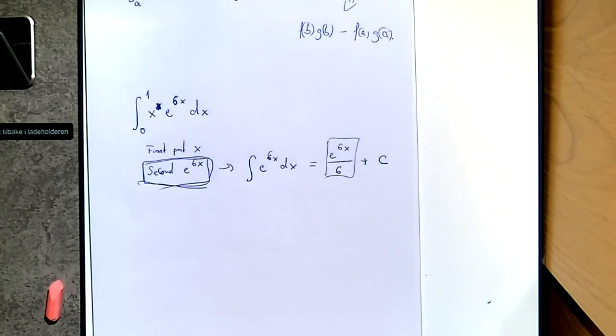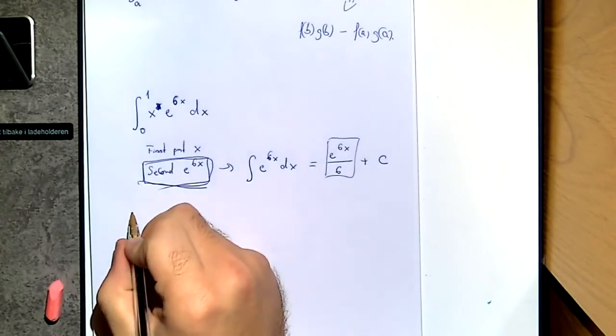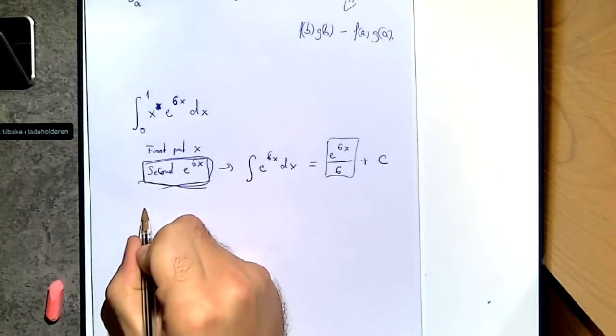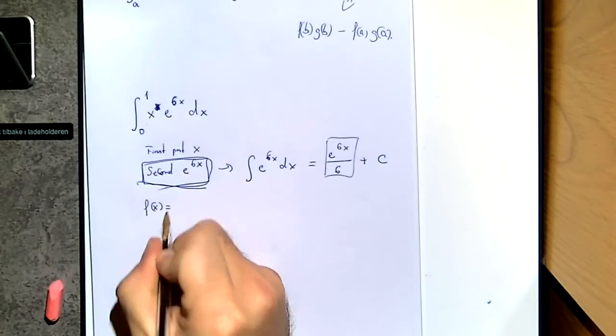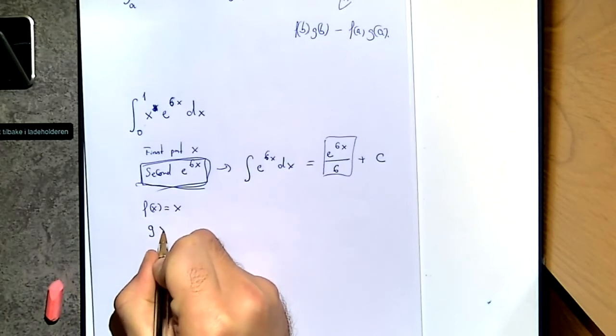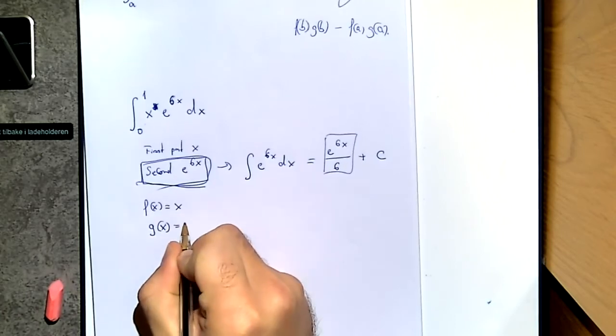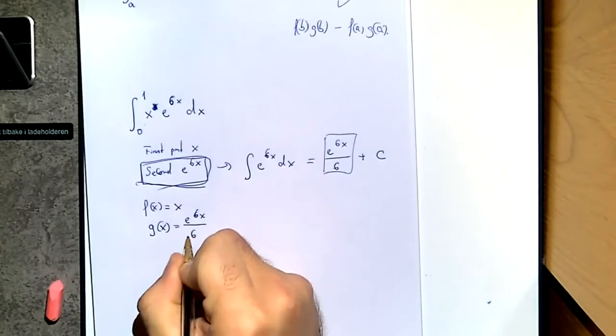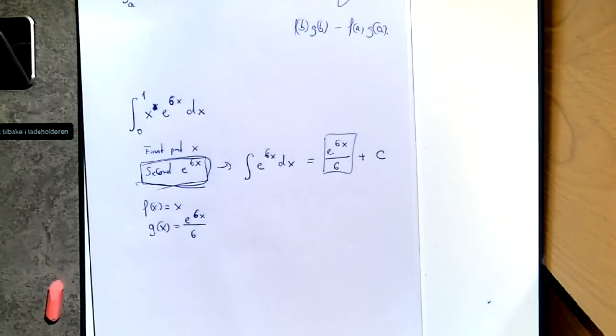Okay. So now, let's keep the order. My f of x is just x, and my g of x is just this thing. Cool. Now, question.